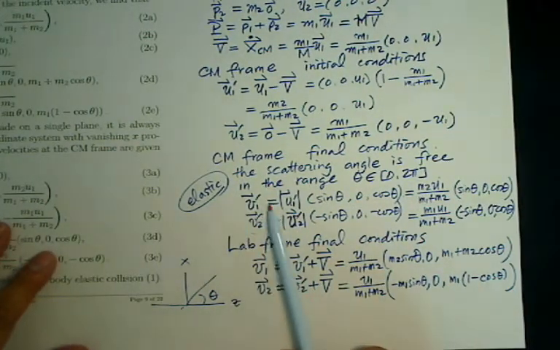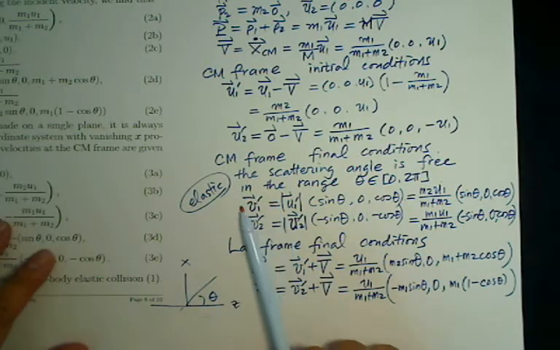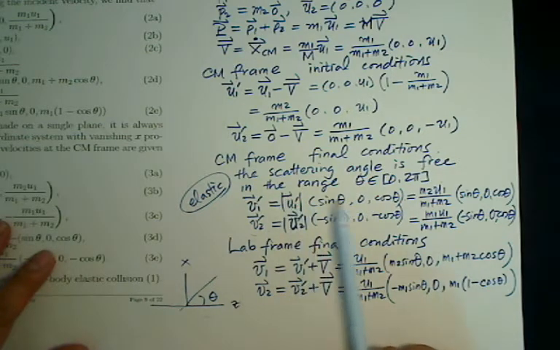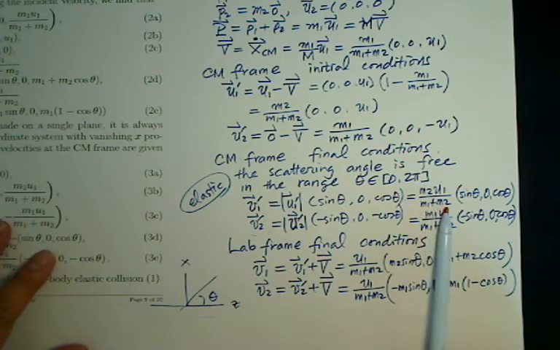At the center of mass frame, the final state velocity has the same magnitude as the initial state velocity. The initial state velocity is M2 U1 over M1 plus M2. And we have a freedom to change the angle.